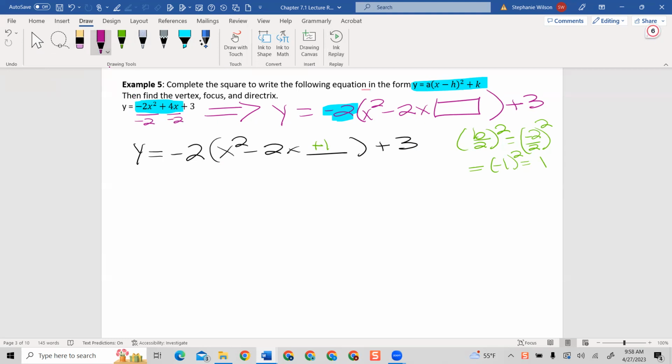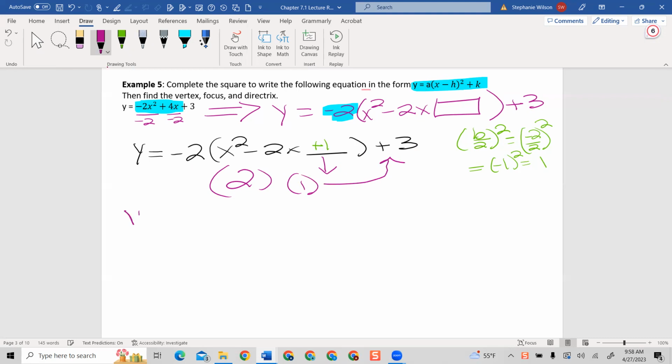So when I look at it, I see that I got this negative 2. In order to put it back here, I need to go with the opposite, right? So if it's negative, it's going to be positive. So what I'm going to do is take that positive 2, and I need to multiply whatever I put here by it. And then I'm going to add it to this plus 3.